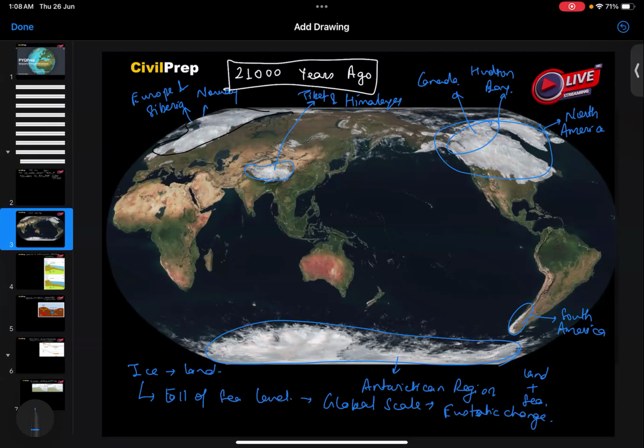So this is an example where we can see that eustatic changes have taken place at the global level, where the fall of sea level has taken place. So this is the first example.